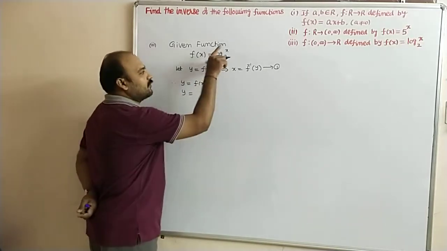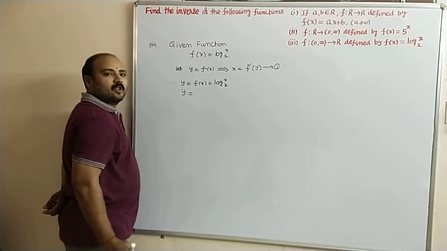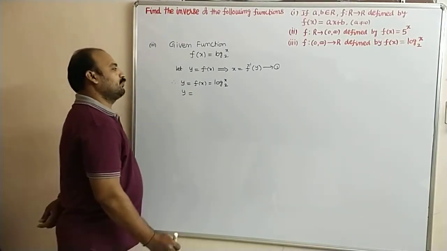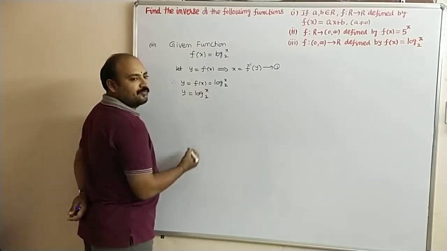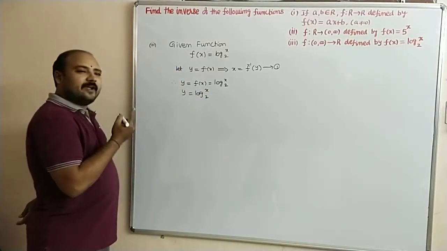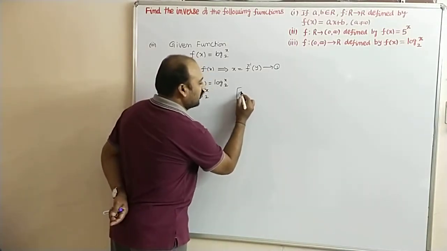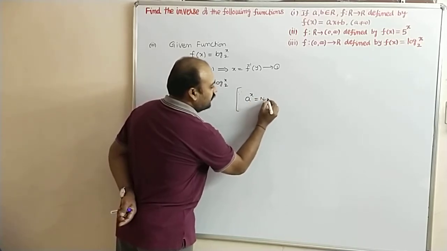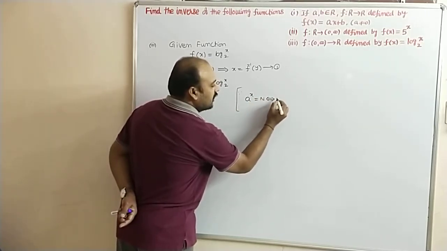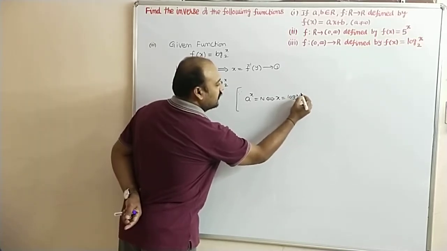y is equal to f of x equal to log x to the base 2. So y is equal to log x to the base 2. Here, how to get the x value? Here I am going to use the definition of logarithm: a power x is equal to n if and only if x is equal to log n to the base a.